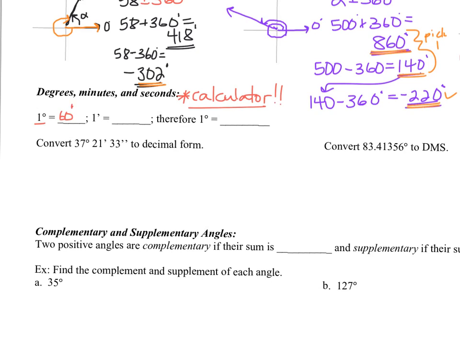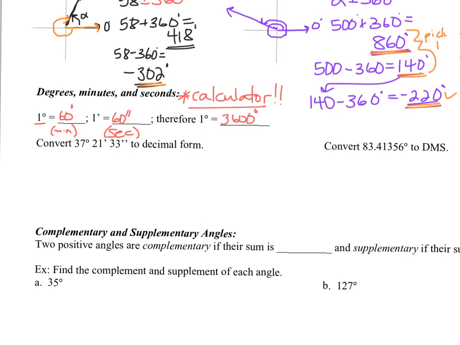So 1 dash would indicate a minute's value. And then 1 minute is equal to 60, and then you do 2 dashes, and that would be a second's value. 1 degree would then equal 60 times 60, or 3,600 seconds. So those will be some values that we're going to work with.